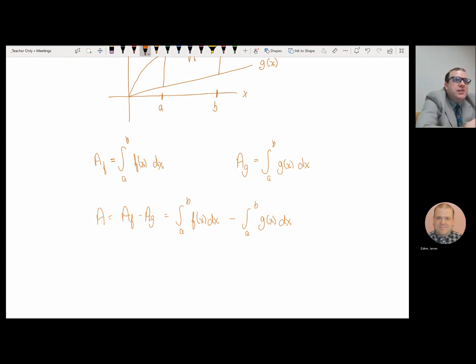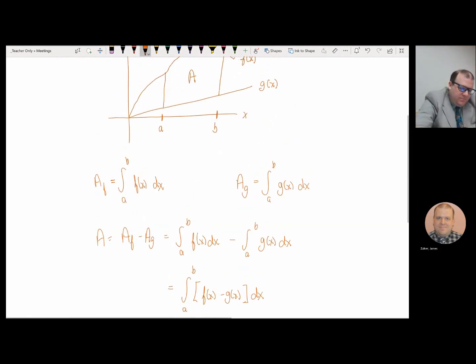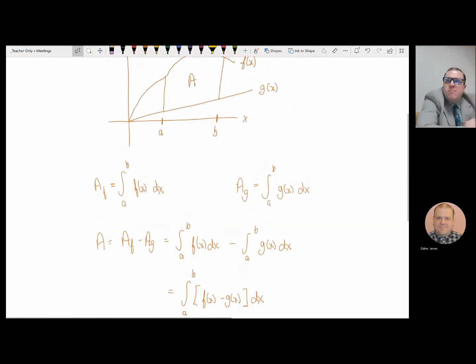But we know integrals are linear. So there's the area. It's fairly straightforward.